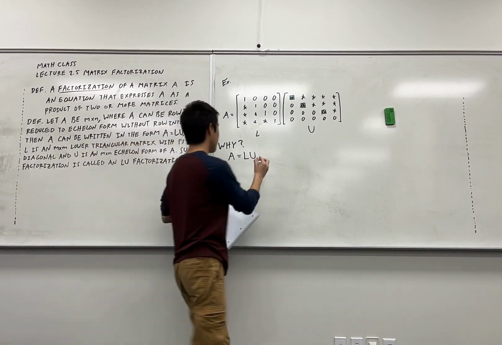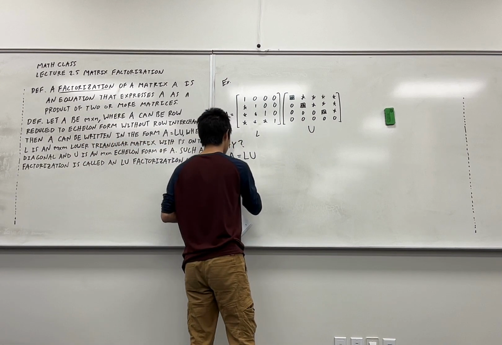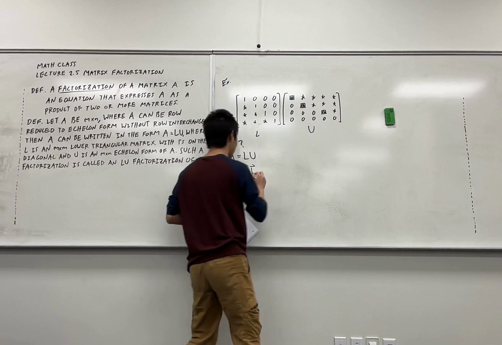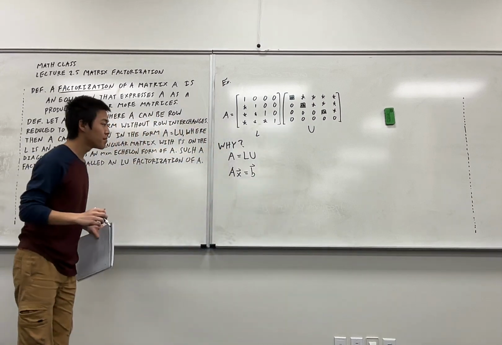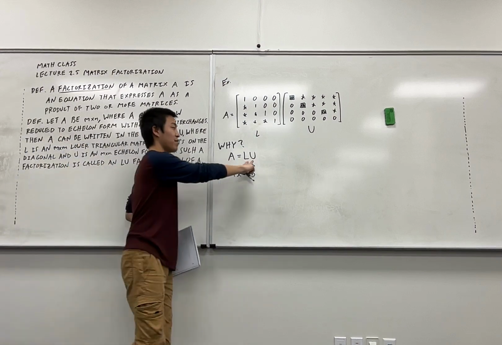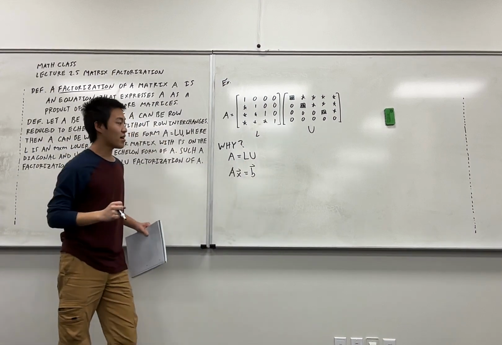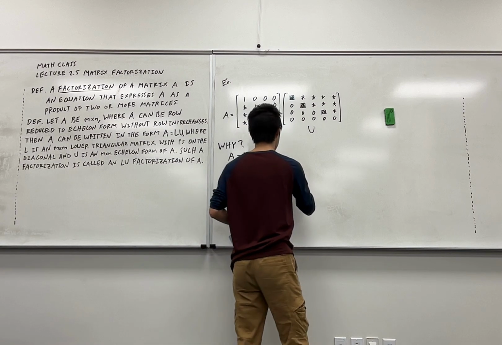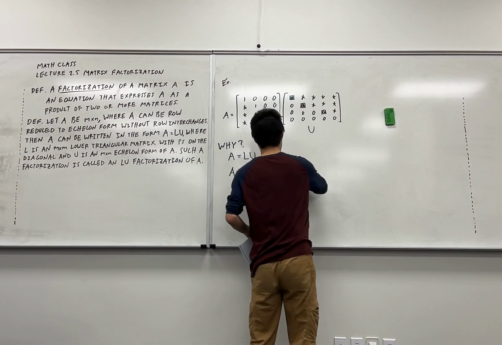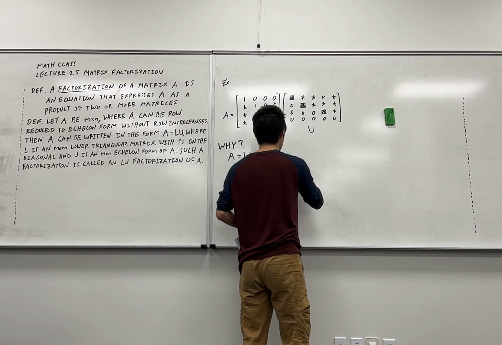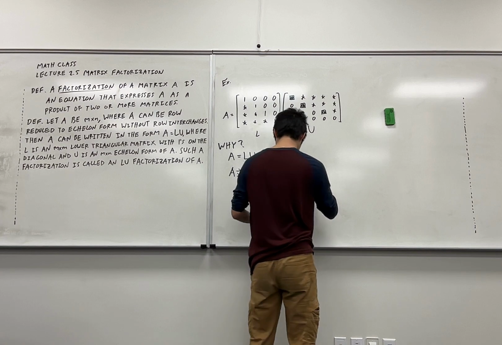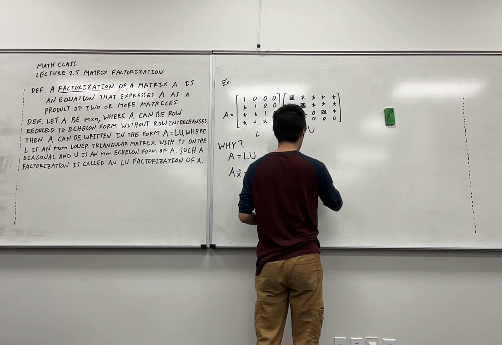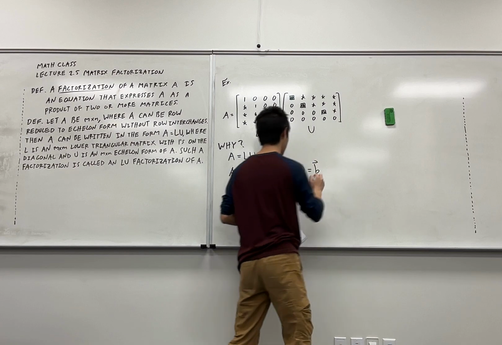So if I was trying to solve the matrix equation AX is equal to B, then if I have factored my A using the LU factorization, what I'm really asking is L of U of X is equal to that B, right?